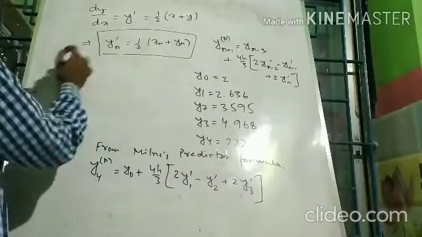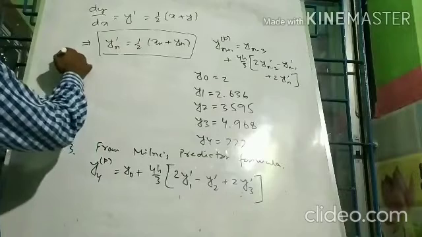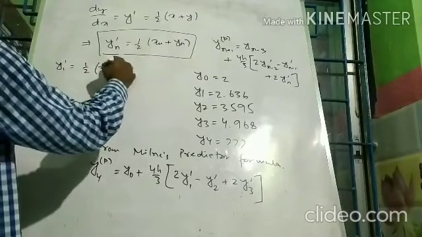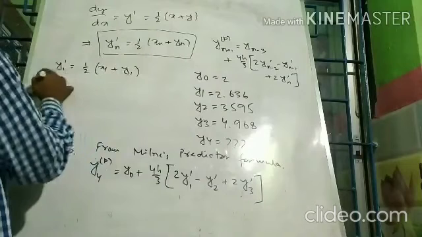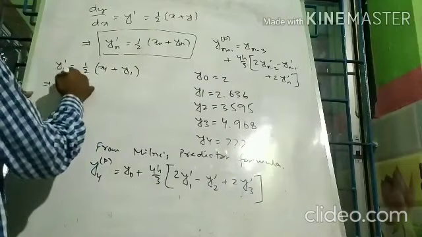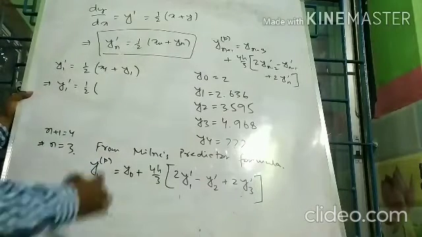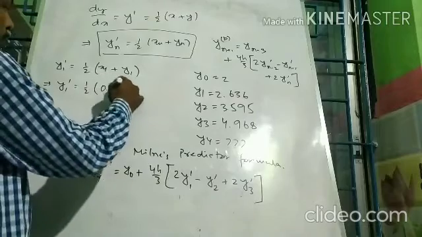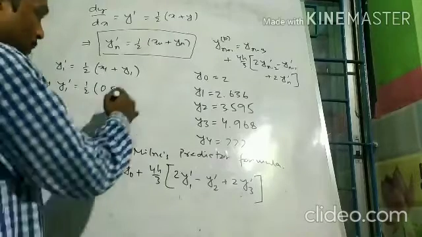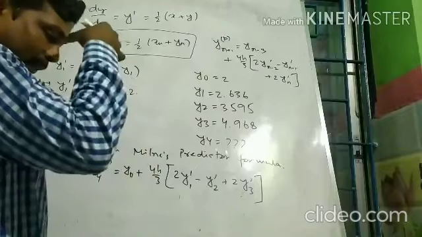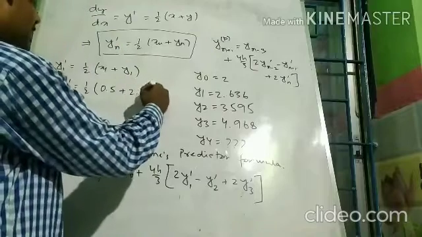Now y1 prime equals half x1 plus y1. x1 is 0.5, y1 is 2.636.